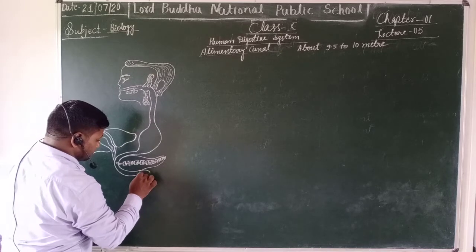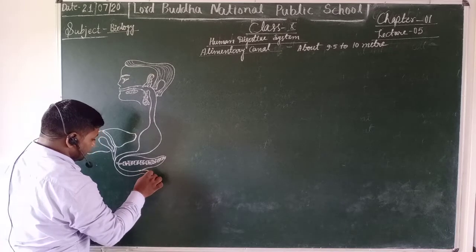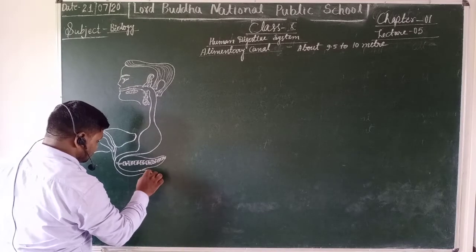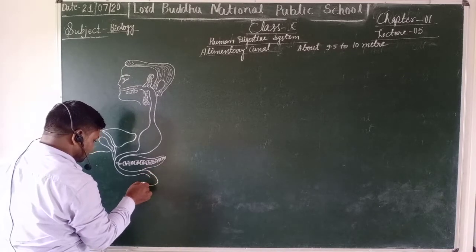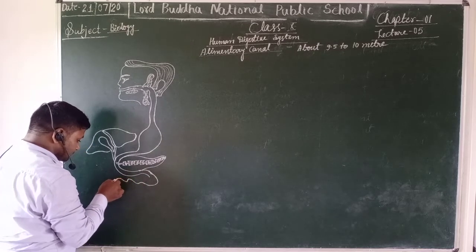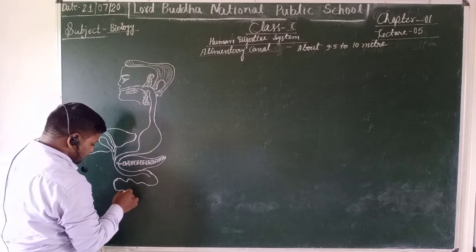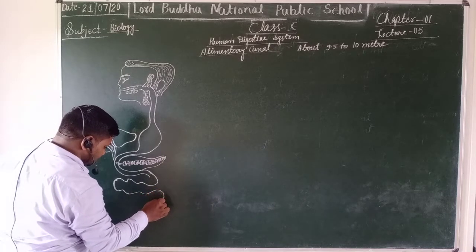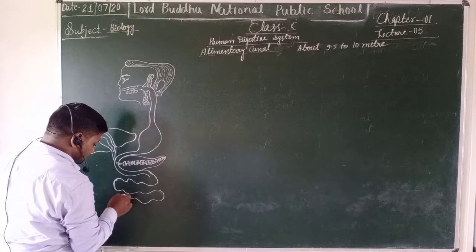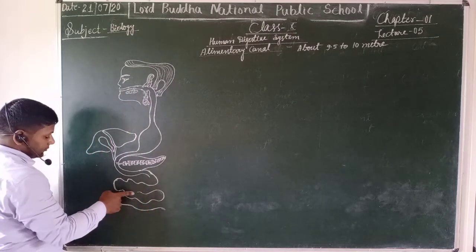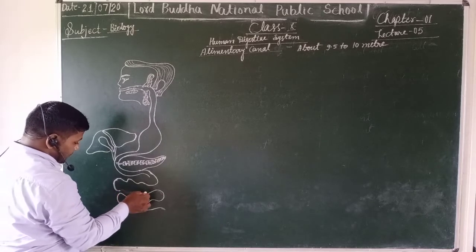Now, from here, the highly convoluted tube-like structure in the form of small intestine.